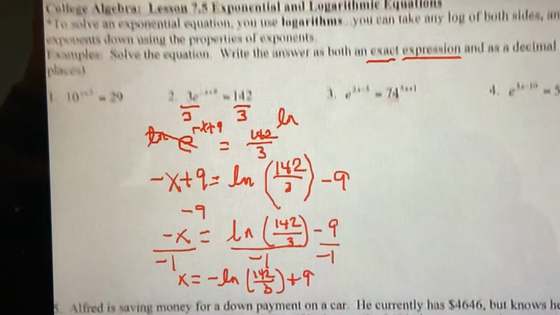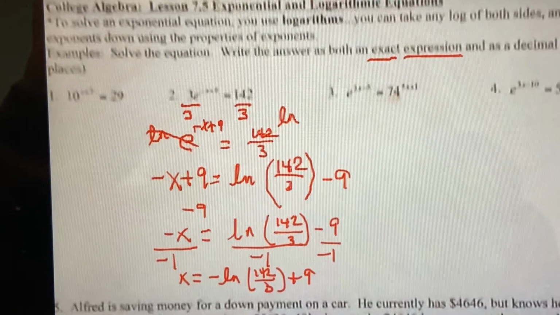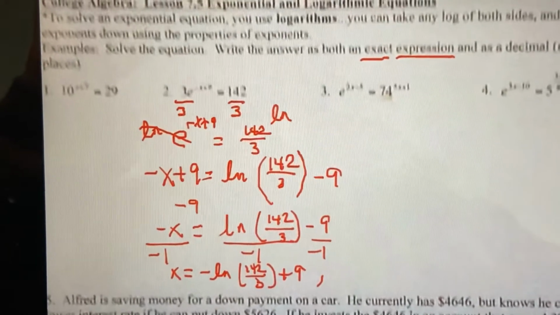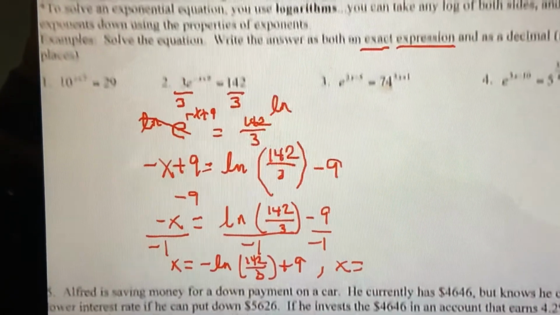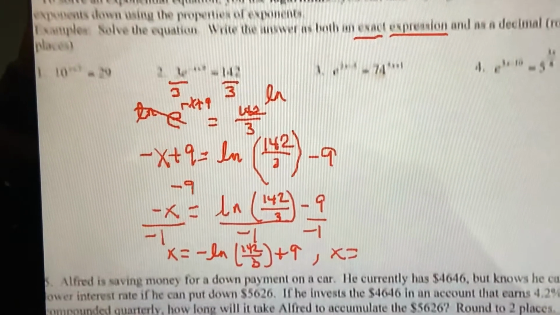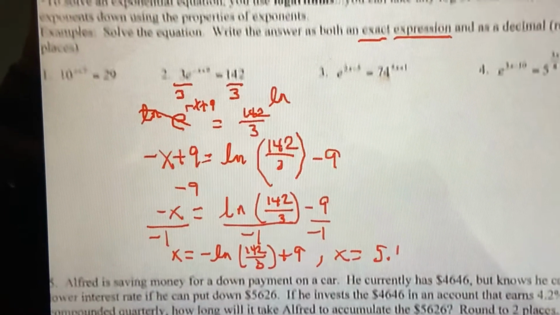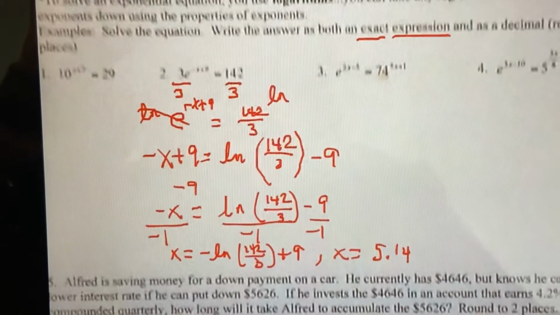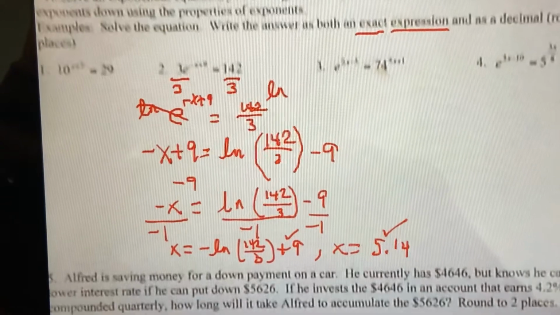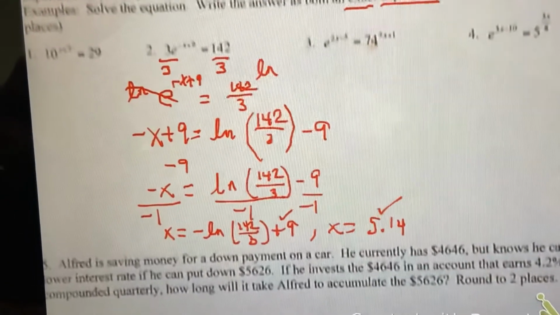So all I'm going to do is place this into my calculator just like I see it. And so the second part of that answer is x equals 5.14. So I'm going to have 2 answers, two things that I'm going to use.